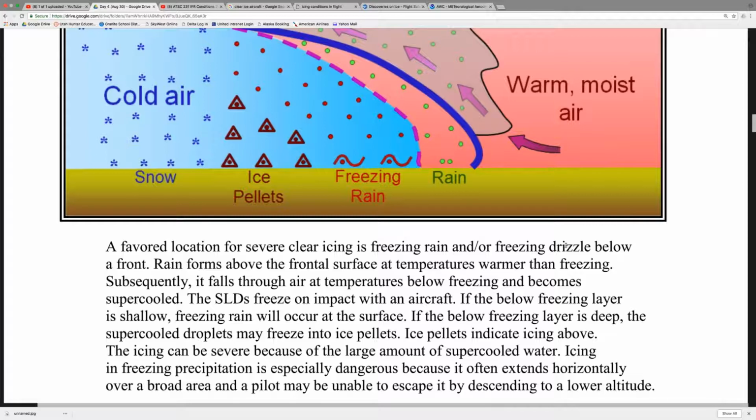And he said there was an icing level at like 30,000 feet, and they were trying to climb to 32,000 feet. Maybe it wasn't 30,000, maybe it was a little bit lower.